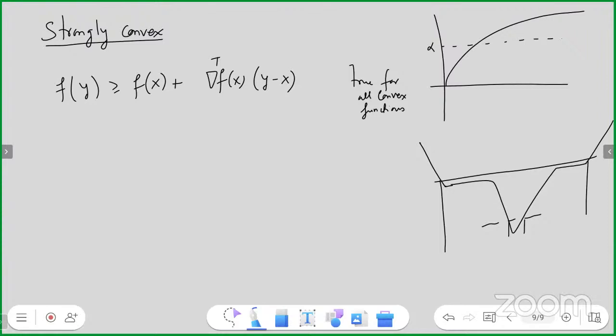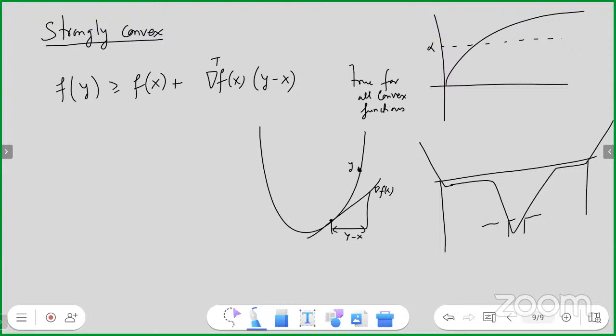This is an alternate characterization of a convex function. When you draw this, this is your y, this much is y minus x, and that's your gradient at x. The first-order Taylor series is an underestimate of the true function.